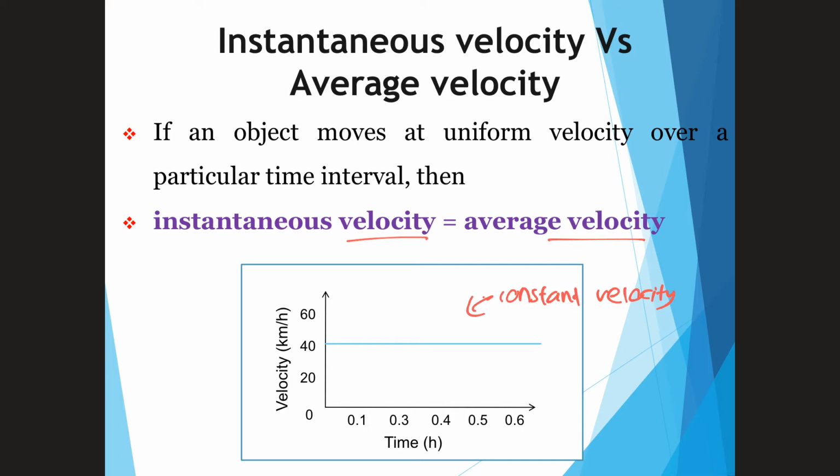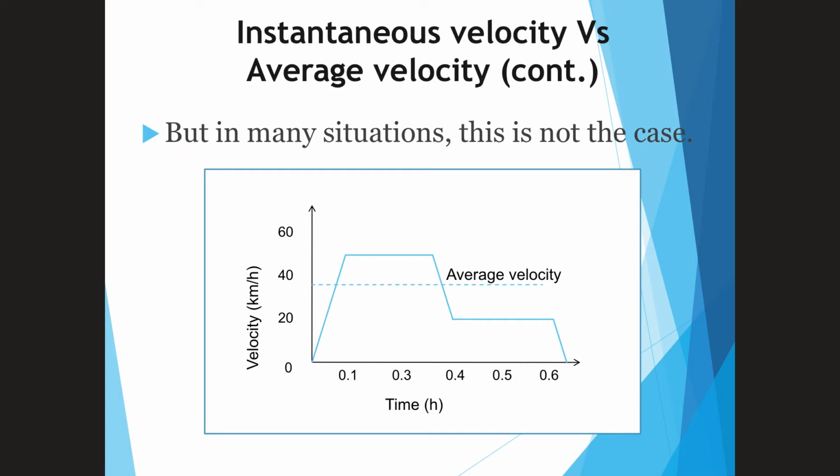But this only applies for constant velocity, and that doesn't happen all the time. Often the velocity keeps changing, so at one particular point we cannot say that the instantaneous velocity equals the average velocity.